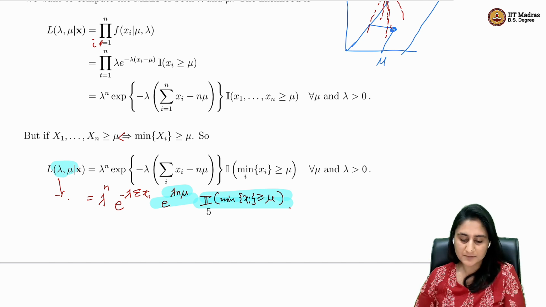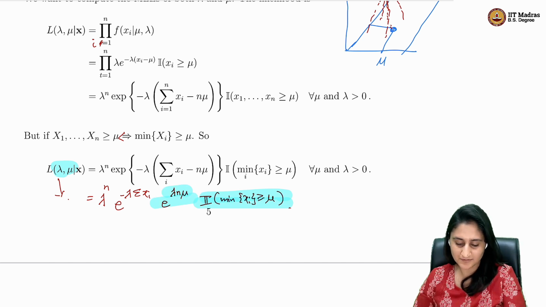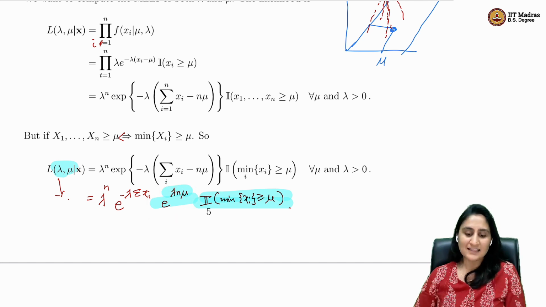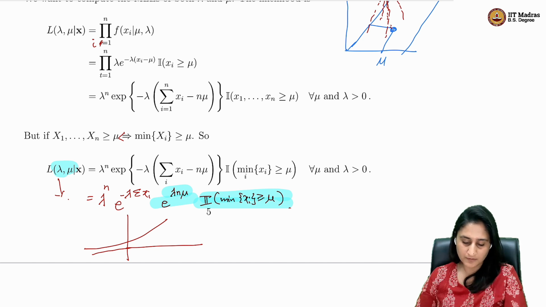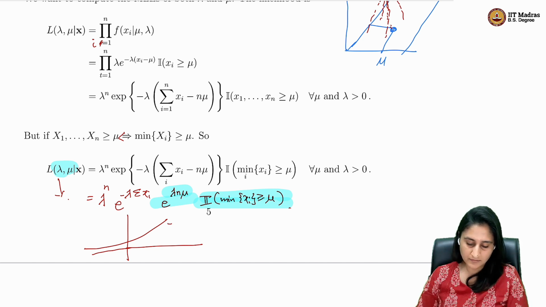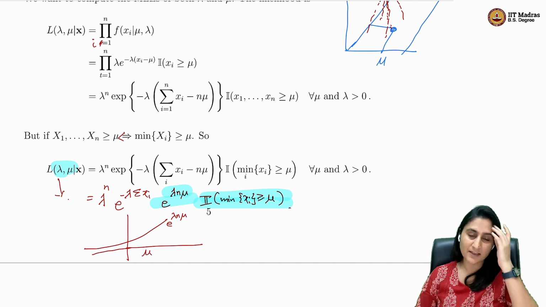If I just look at the first part here, then lambda is positive, n is positive, and mu is whatever it is. But these two are positive. And so what I have is the exponential function e to the power lambda n mu, where on the x-axis I have mu.